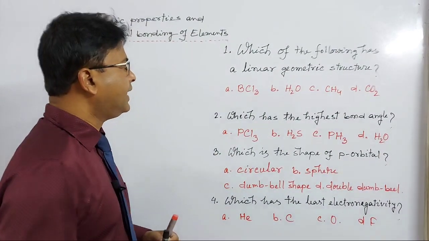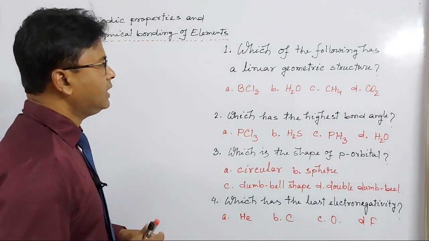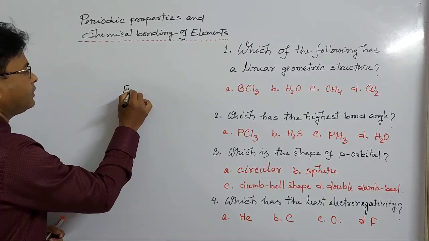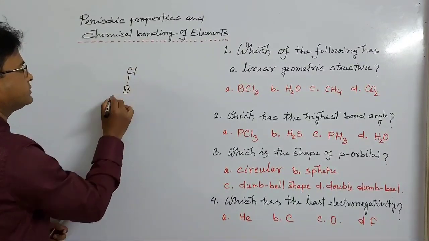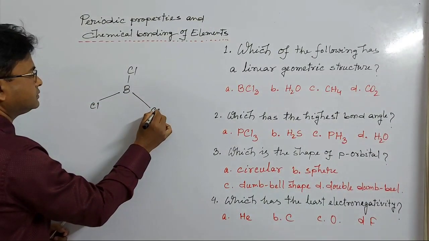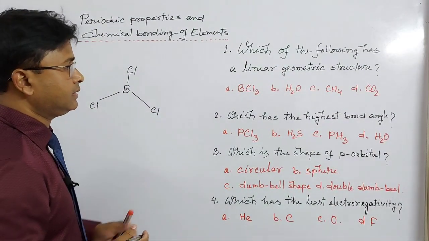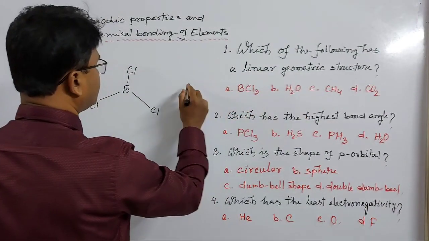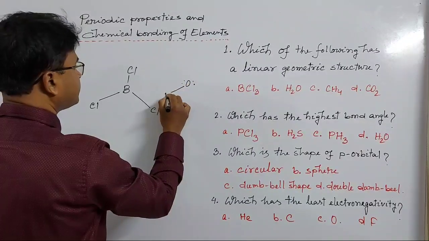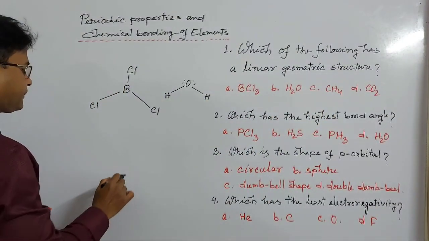Which of the following has a linear geometric shape? Students, this is boron trichloride, and the molecular shape of boron trichloride is triangle, and this is water. The molecular shape of water is bent, and this is methane.